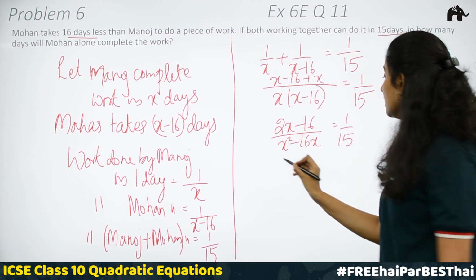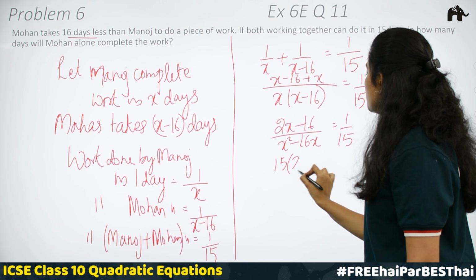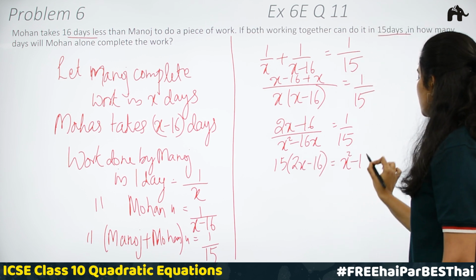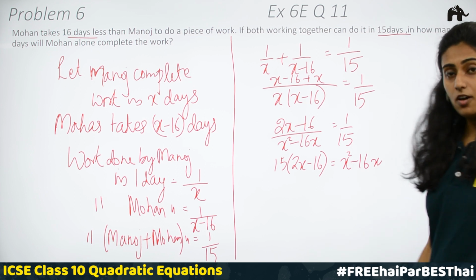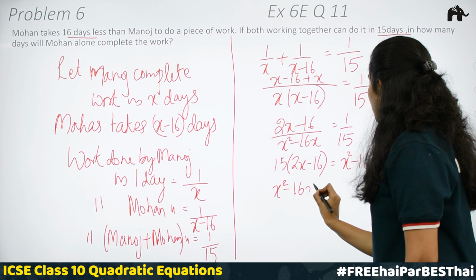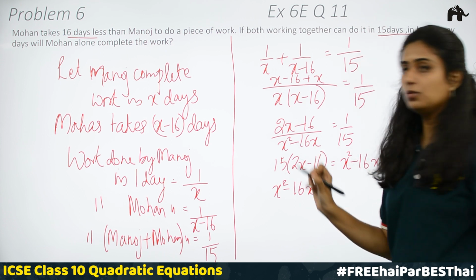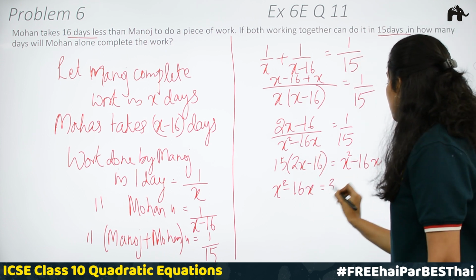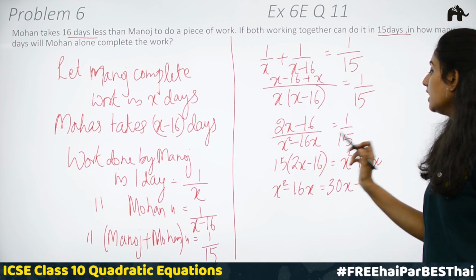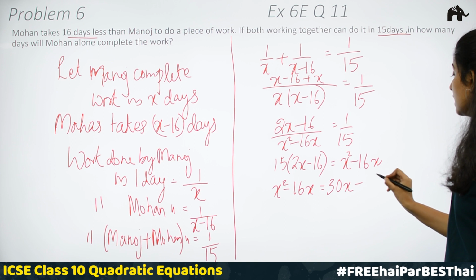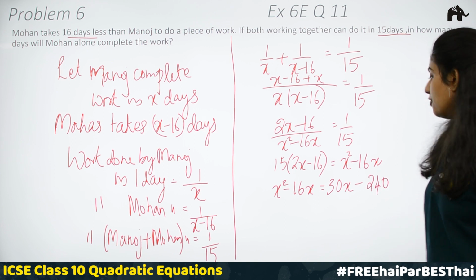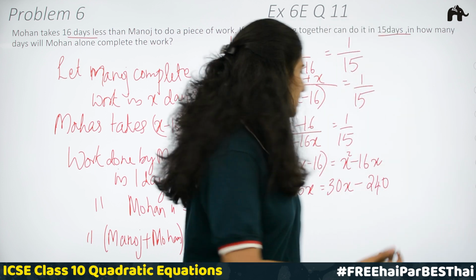Cross multiplying, 15 into 2x minus 16 is equal to x square minus 16x, or x square minus 16x is equal to 15 into 2, 30x minus 15 into 16, that is 240, minus 240. Next step, rearranging them.